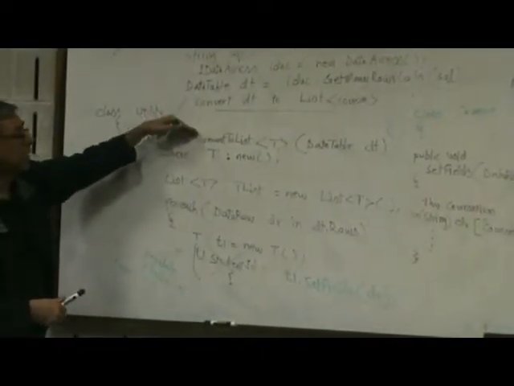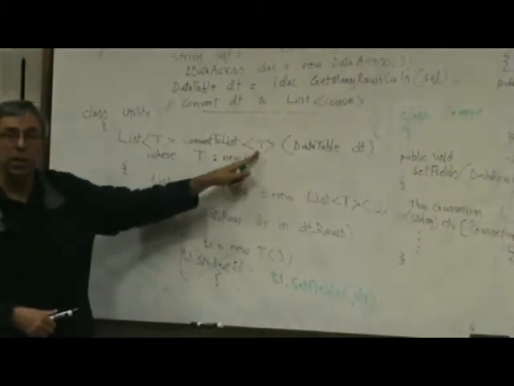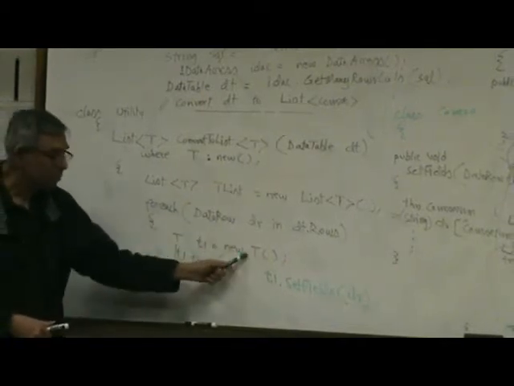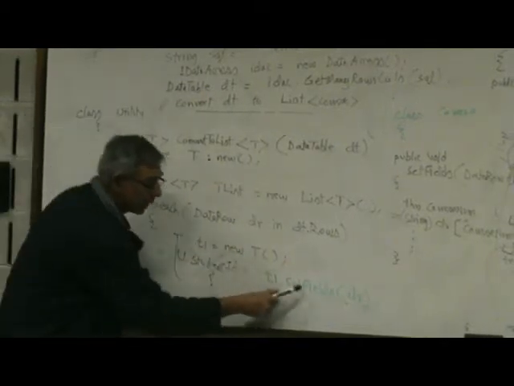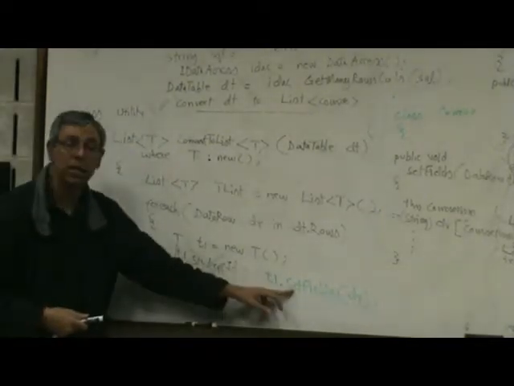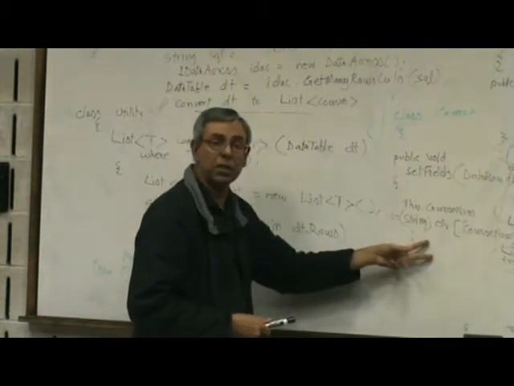Now take a look over here. If somebody triggered this method convertToList, and they wanted to convert this data table to a course, what will be type T now? Course. So T1.setFields, which class, which method will it call on? The course. So we'll pick up the correct fields over here.